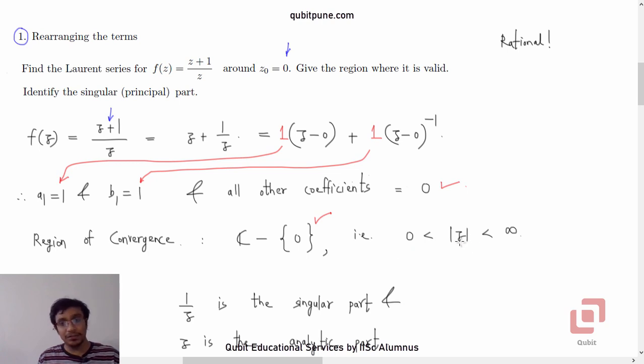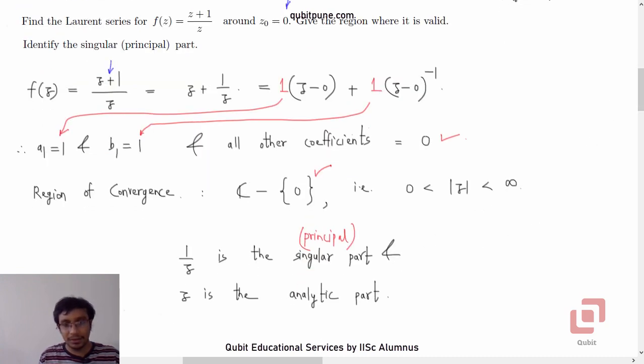Now let us talk about the singular part and the analytic part. Singular is also termed as principal, and analytic is also termed as regular. The analytic part consists of the constant term and the positive integral powers, so z is the analytic part, and the remaining is 1 upon z, so that is the singular or principal part.